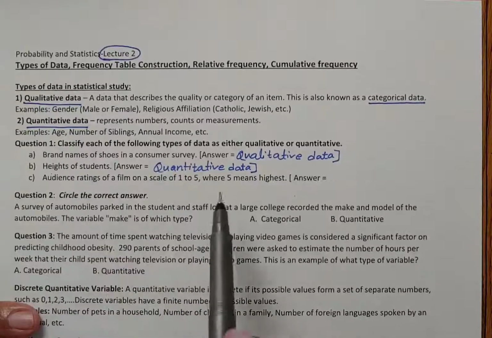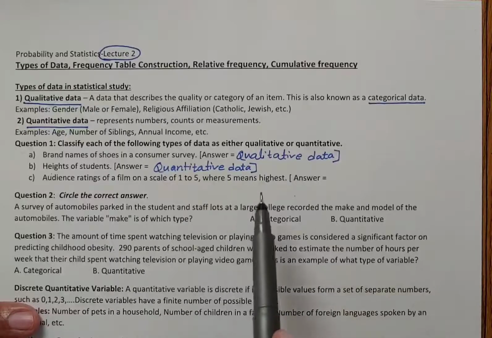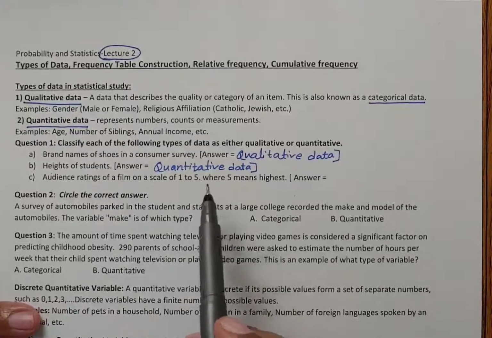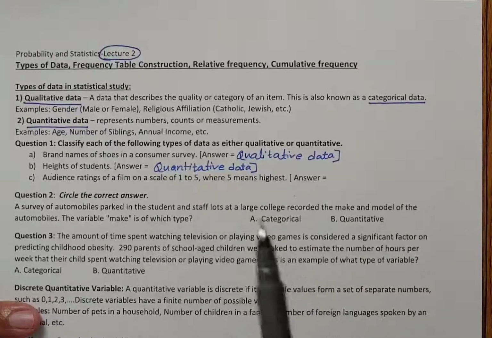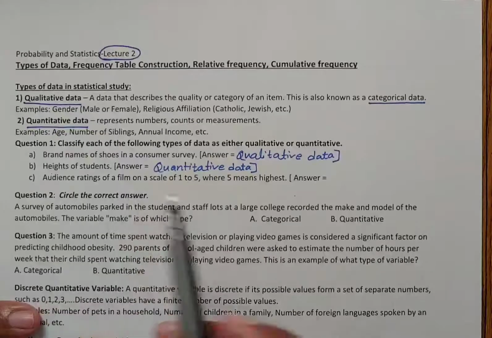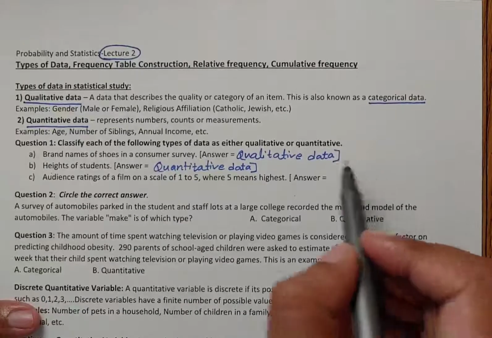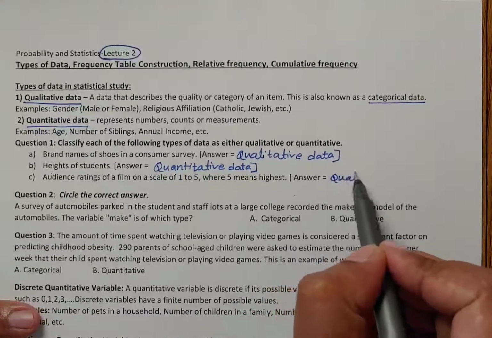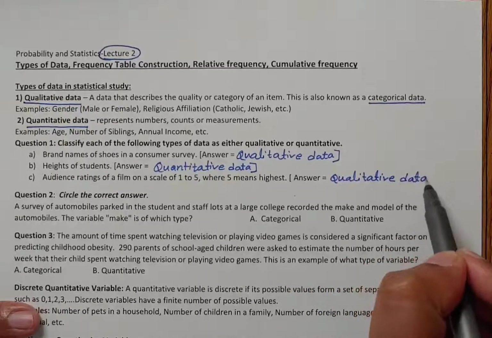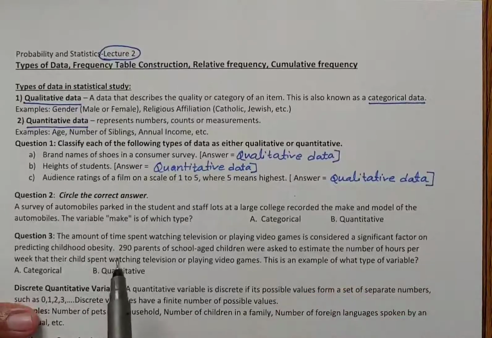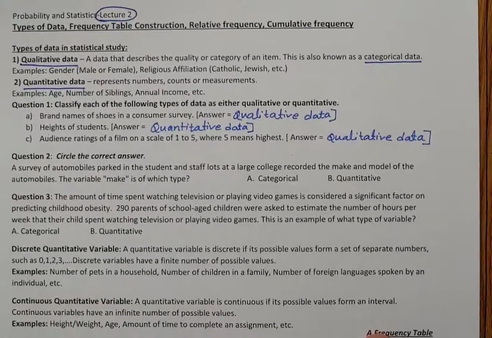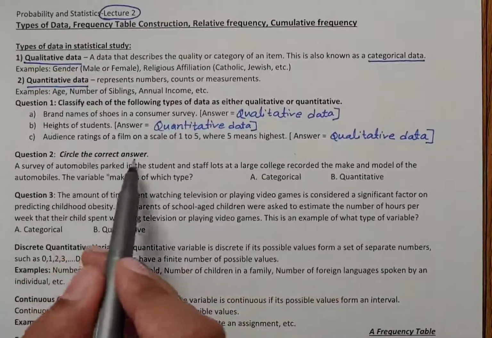Even though it says 1, 2, 3, 4, 5, those numbers represent the quality, because 5 doesn't mean just the number 5, right? 5 means it is an excellent movie. So the ratings of a film is qualitative data.